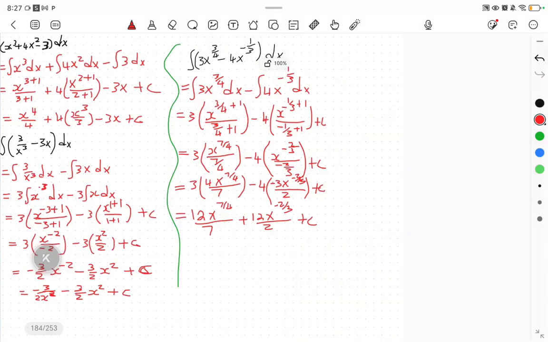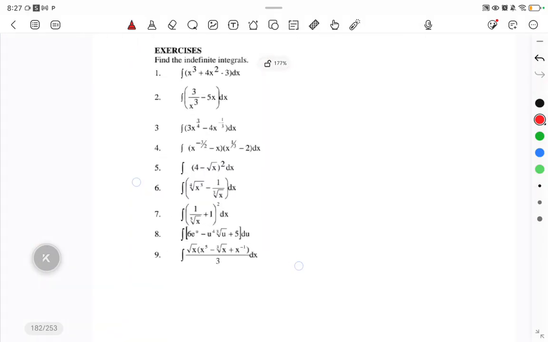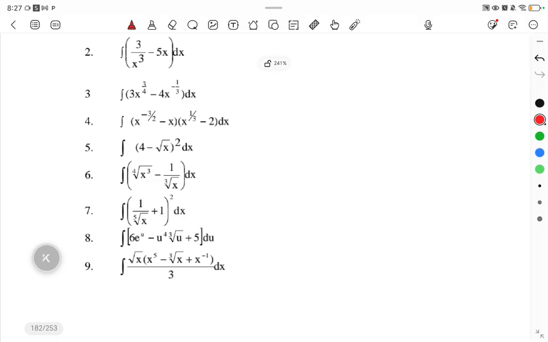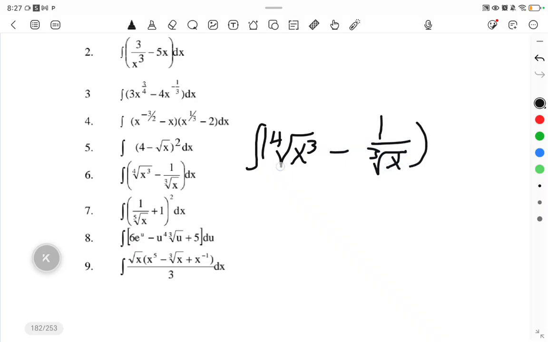So now we come to 6. On 6, we're given the integral of the 4th root of x to the 3rd minus 1 over the cube root of x dx.